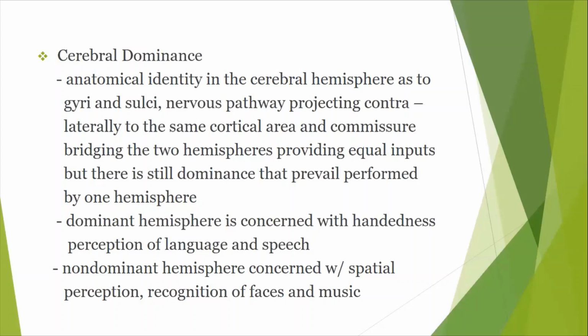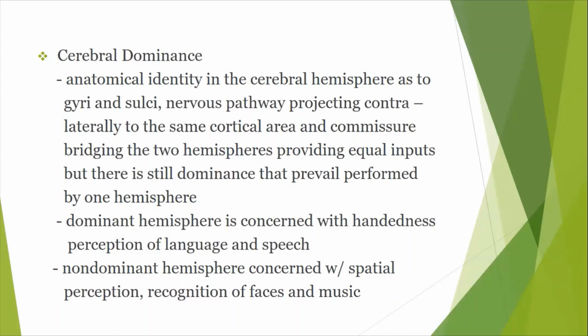The nervous pathways project contralaterally to the same cortical area, and the commissures bridging the two hemispheres provide equal inputs. But still, there is a dominance that prevails, performed by one hemisphere.